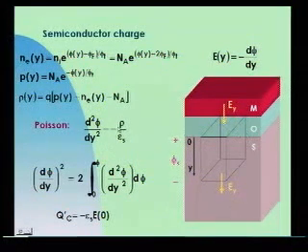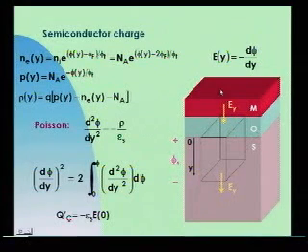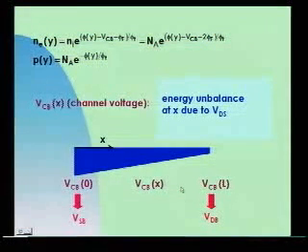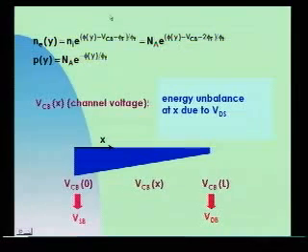But if I consider that the variations of the longitudinal field are much smaller than the variations of the transversal field, I can use the gradual channel approximation and solve the Poisson equation in its one-dimensional form, but making this modification, modifying the electron concentration, because it's very significantly influenced by the channel voltage.